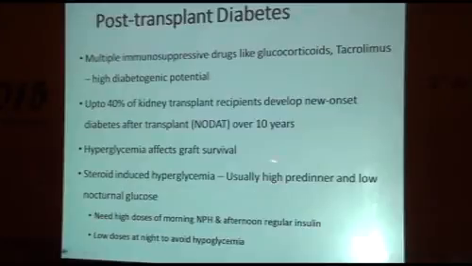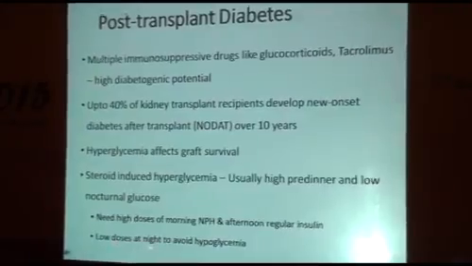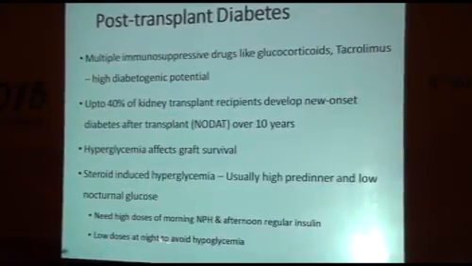This will be the main defect these people encounter, and they will need increased doses of morning NPH or afternoon regular insulin, and maybe the night doses may be kept low to avoid hypoglycemia.